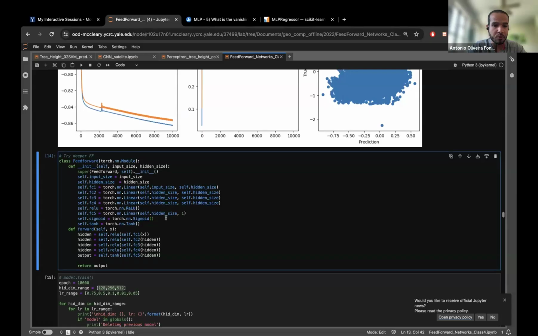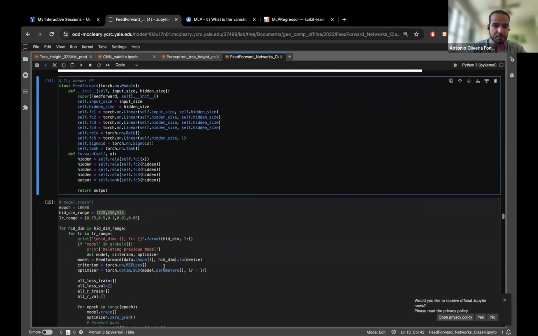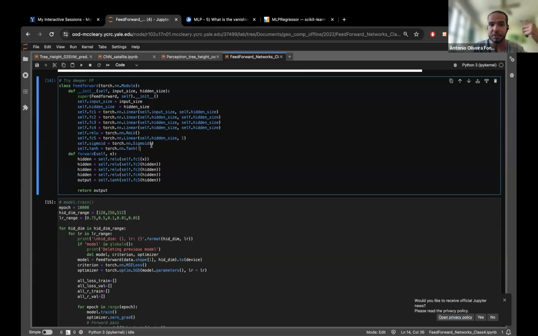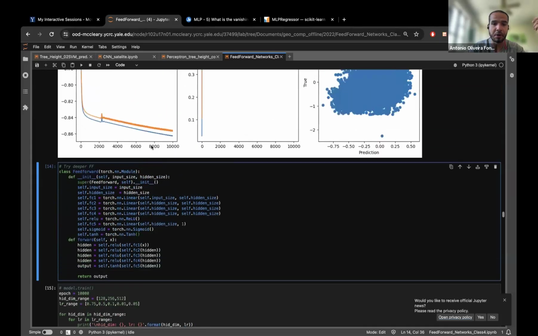Other things that perhaps we could make better in this model: I think the very first thing I would do is use a different optimizer, right? Other things that could be done are different activation functions and different normalizations of the data, like different power transformations. I used the quantile. There are others, as we discussed in the previous lecture, that could be beneficial as well, right?